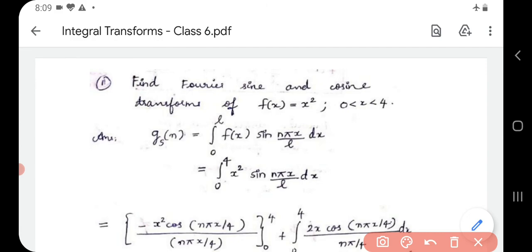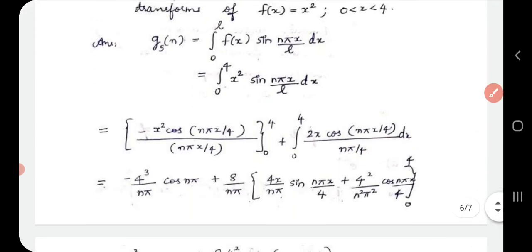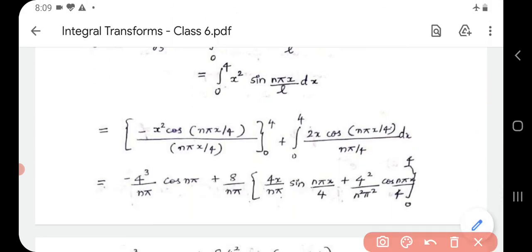Then the rest is integration, that is, first function into integral of second minus integral of derivative of first into integral of second dx, like that. So you substitute and then proceed to the integration.